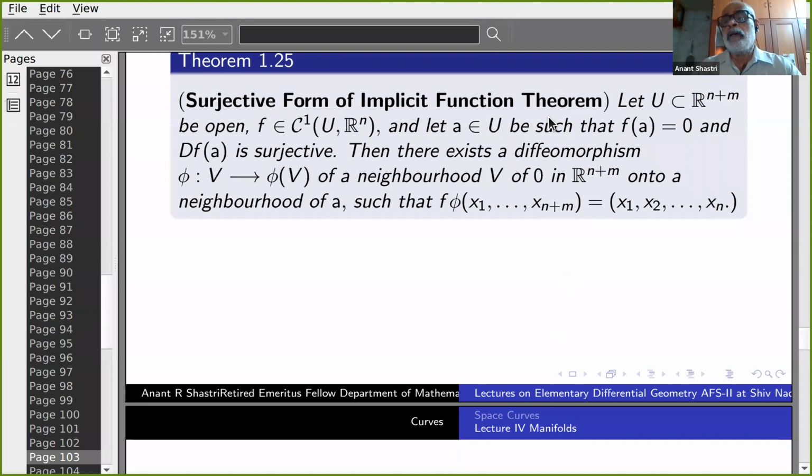See, the elaborate hypothesis there gives you automatically that DFA is surjective, because restricted to some coordinates, it is an isomorphism, injective R^n to R^n. Automatically, if you take the whole thing, it will be surjective also. But which coordinates? You don't know.